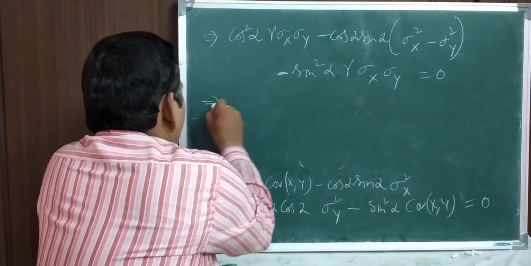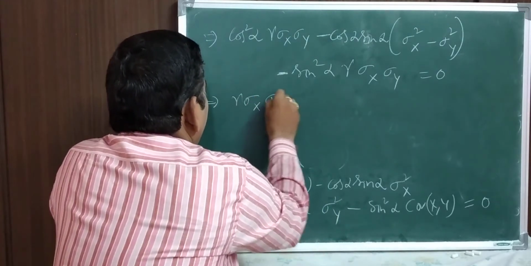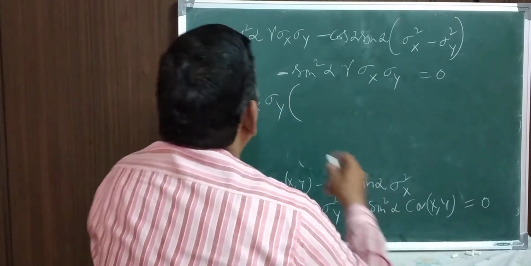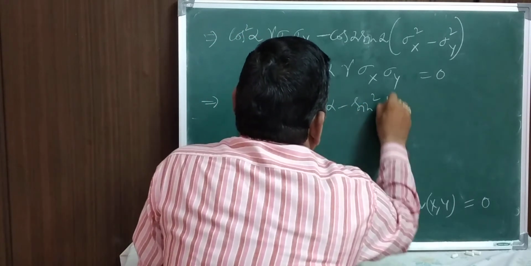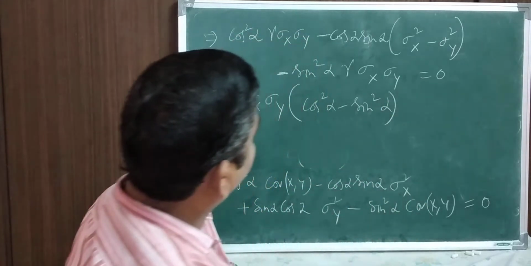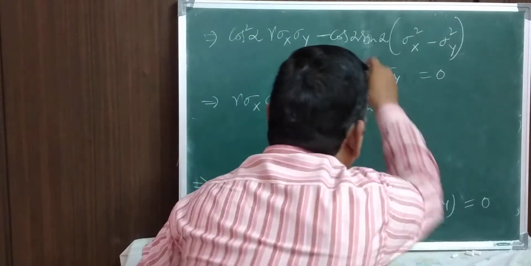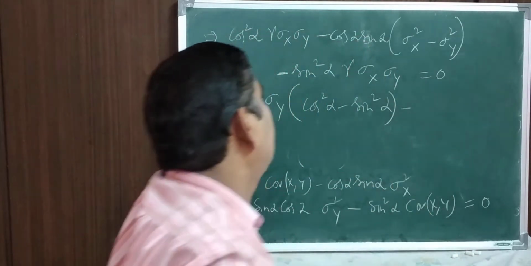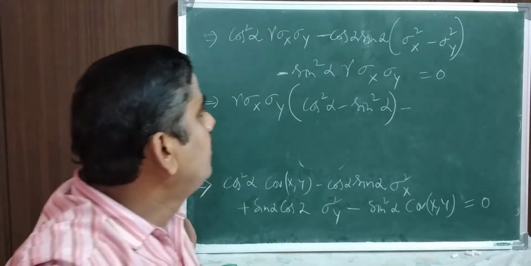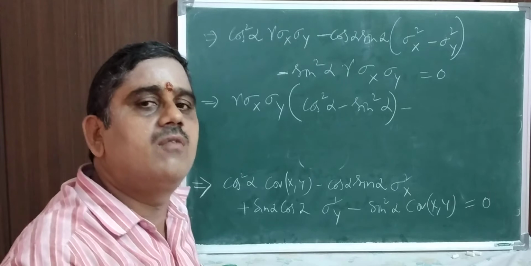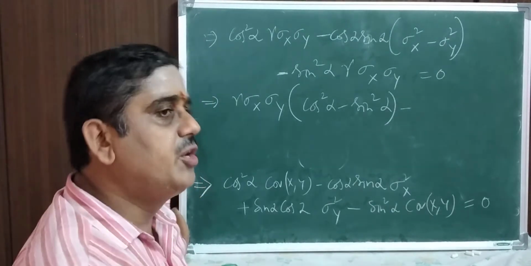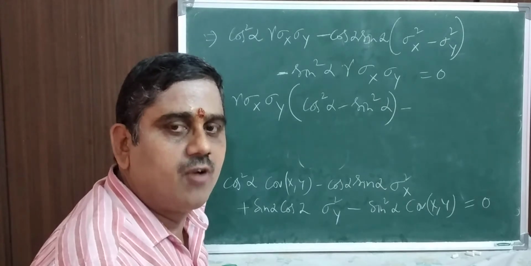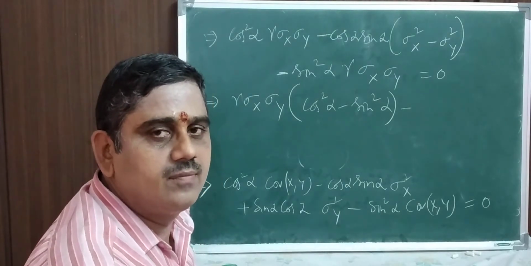So I am taking r into sigma x sigma y multiplied by cos square alpha minus sin square alpha. Okay, and finally you have sin alpha cos alpha. If you want to convert it in terms of the formula of sin 2 alpha, the formula is 2 sin alpha cos alpha.